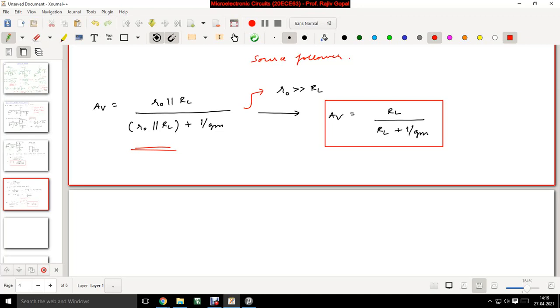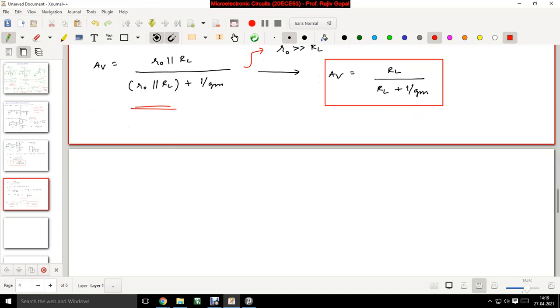Second condition is, in the voltage gain AV, R naught is typically greater than RL. Then R naught parallel RL becomes RL. So AV is RL by RL plus 1 by Gm.